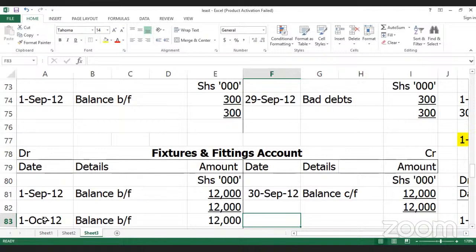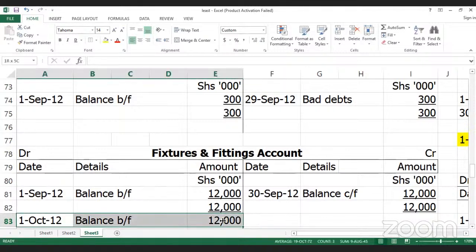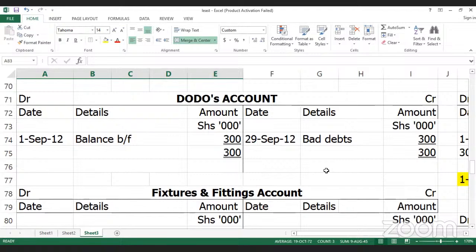That is your fixtures and fittings account. Also balance off. So you see all the accounts are being balanced off. Is there any account that we have not balanced off?